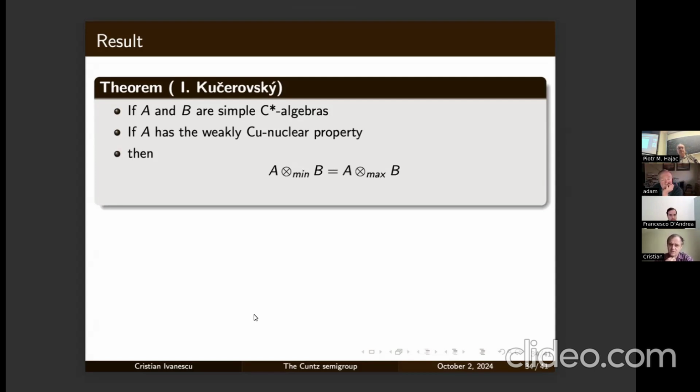And I agree, this looks a little bit surprising, and I'll try to explain how we got this result.